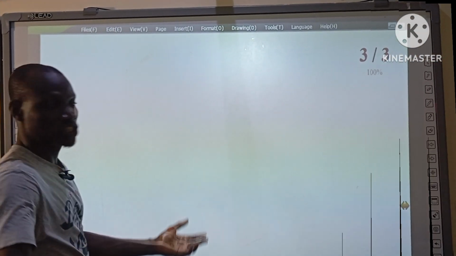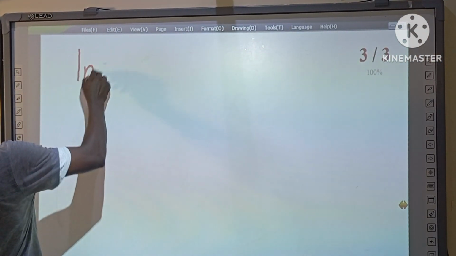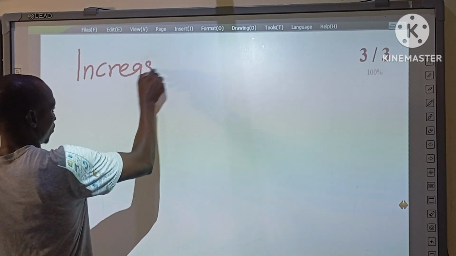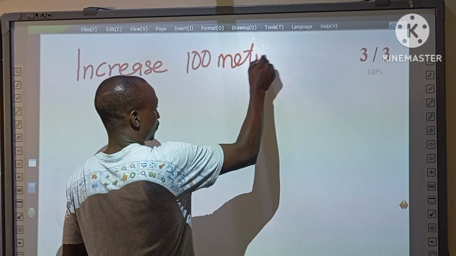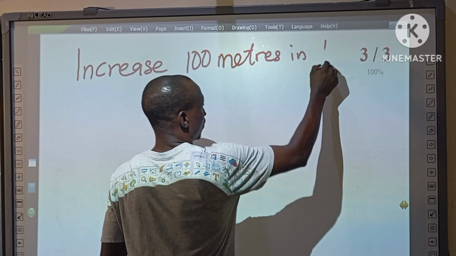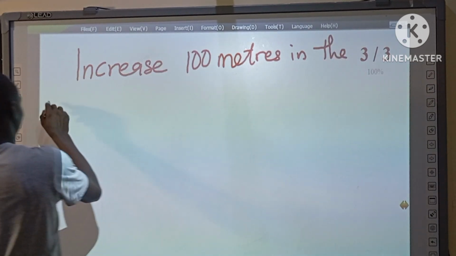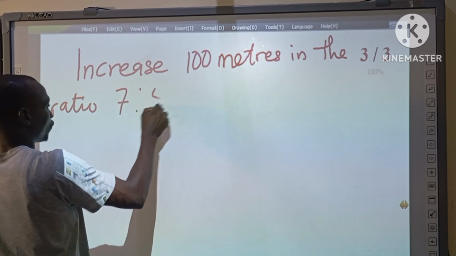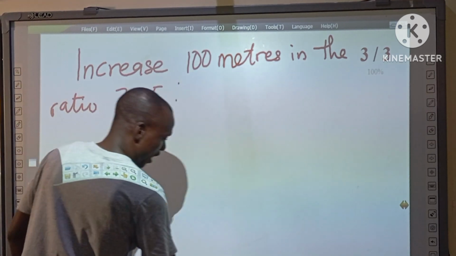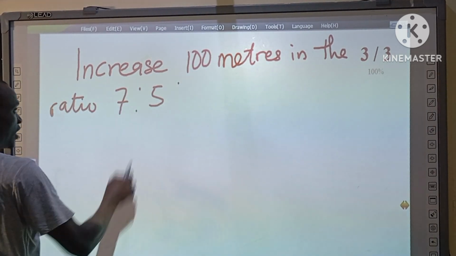Let's go there. Our question was to increase 100 meters in the ratio 7:5.